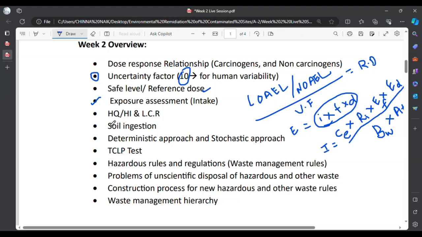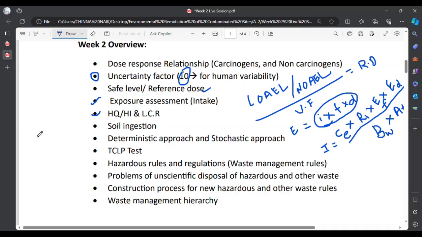Okay, after intake, the course instructor also discussed hazard quotient, right? Hazard quotient and hazard index represent the same thing. So hazard quotient or hazard index, and lifetime cancer risk.